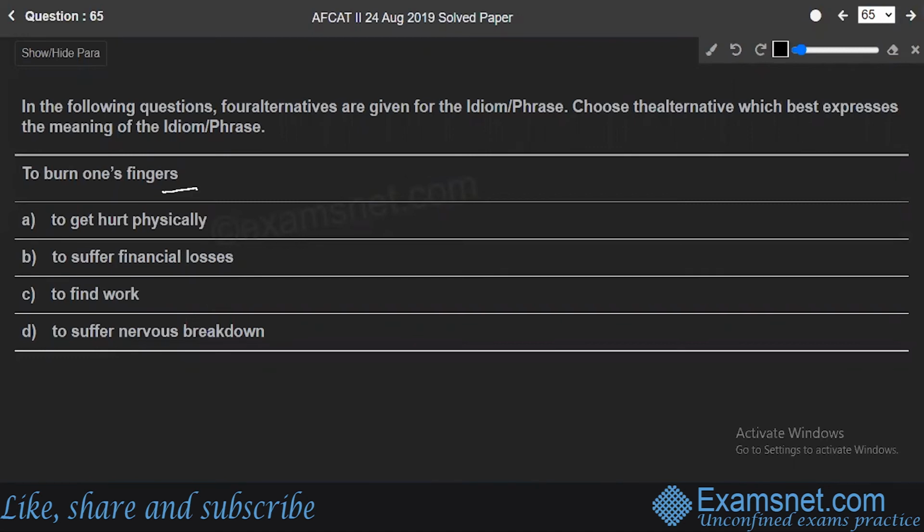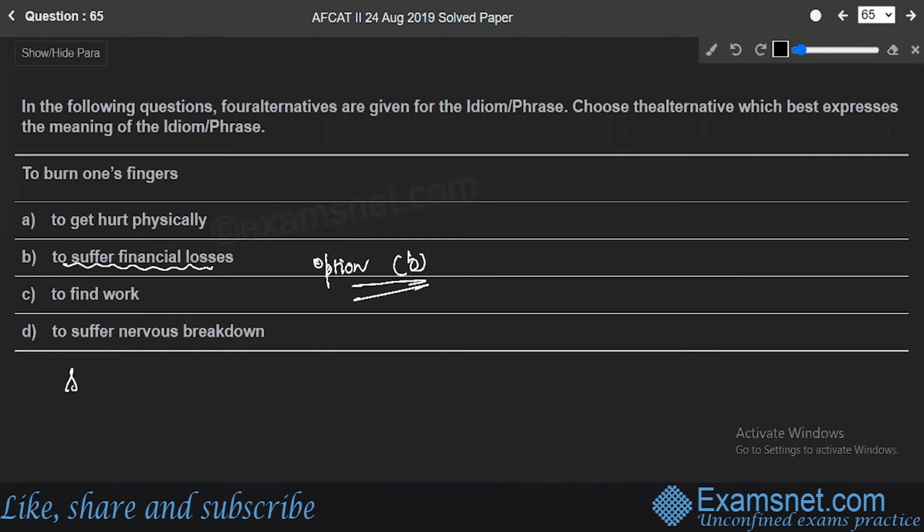To find work doesn't go either. To suffer nervous breakdown, no. It means to suffer financial losses. To burn one's fingers simply means to suffer financial losses. So option B here is the correct answer to the question.